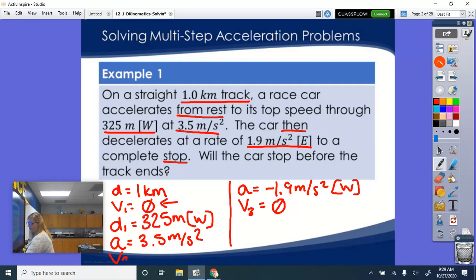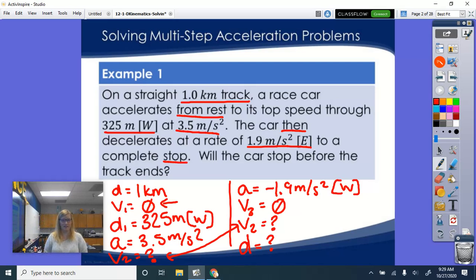We're actually going to have a top speed over on our first half that we haven't figured out, then that'll be V2, and that'll be where we started over here. So we don't know this information. Will the car stop before the track ends? So we need to figure out the distance that it's ending at.